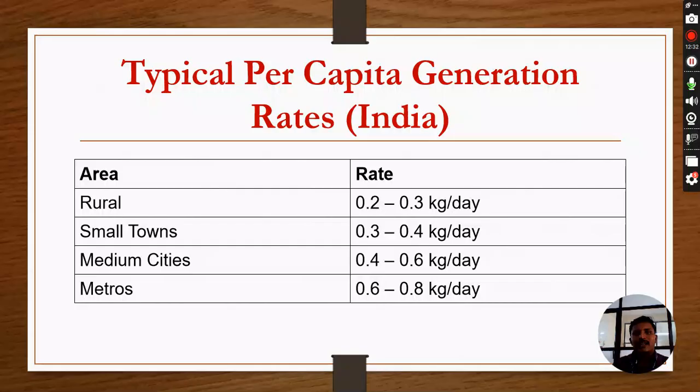And typical per capita generation rates vary according to the areas. For example, rural areas generate 0.2 to 0.3 kg per day, small towns 0.3 to 0.4 kg per day, medium cities 0.4 to 0.6 kg per day, and metros 0.6 to 0.8 kg per day.